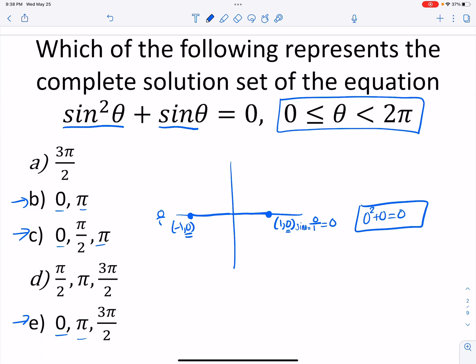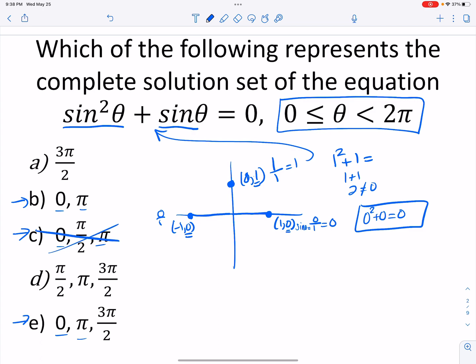And so then I would do pi over 2. Opposite is 1, hypotenuse is always 1, so the sine is 1. So what is 1 squared plus 1? That would be 1 plus 1, which is 2, which does not equal 0, so it can't be that one.